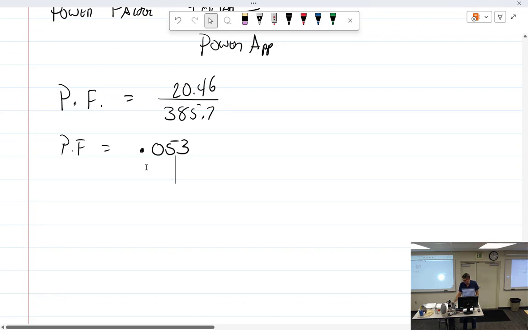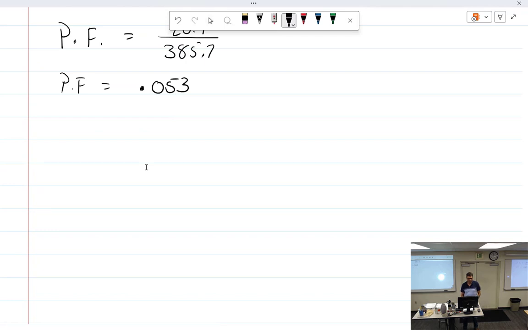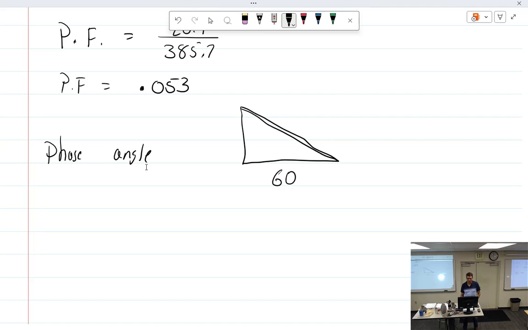And what about the phase angle? I forgot how to do that. I know the formula, but I don't know which ones are the numbers. Just draw the triangle. We had 60 here, and Z is 1130.9, and this is resistance and X total.